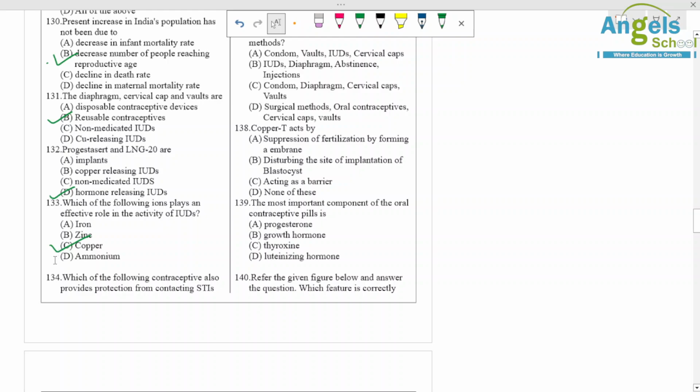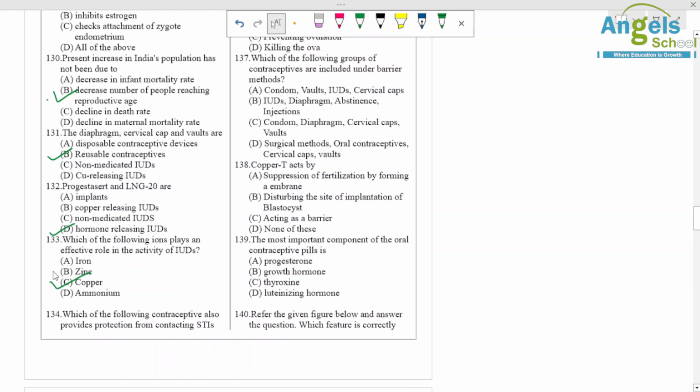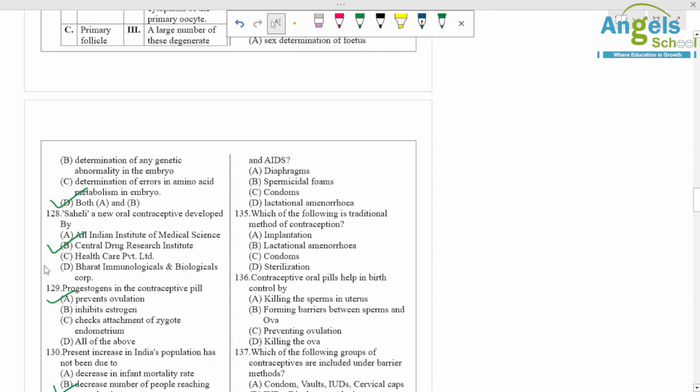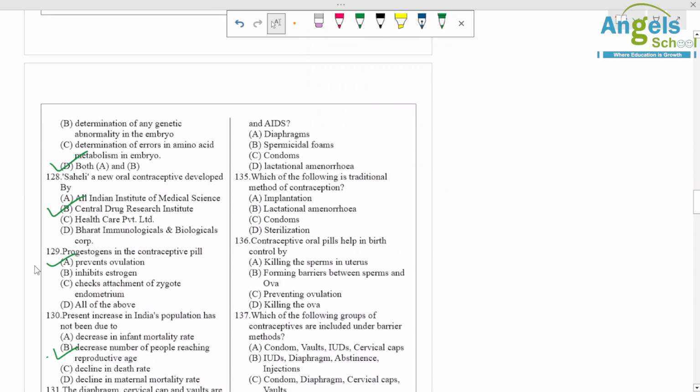Which of the following contraceptives also provides protection from contracting STIs and AIDS? So condom is a famous contraceptive that also provides protection from STIs and especially AIDS. Question number 135. Which of the following is a traditional method of contraception? So lactational amenorrhea is a traditional method.